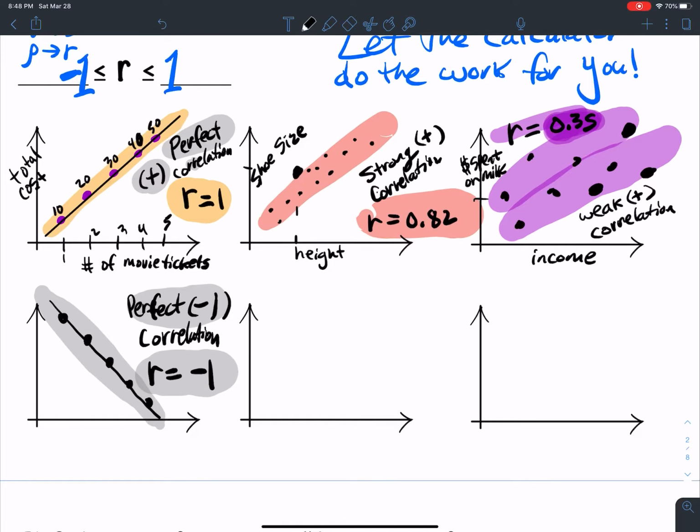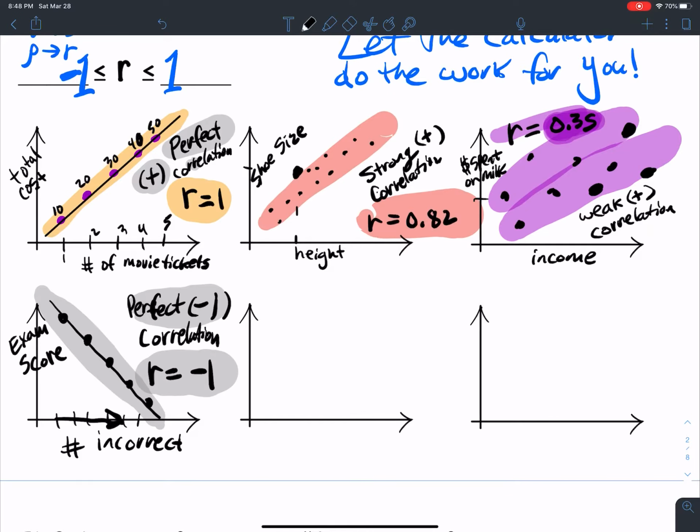An example of this would be like, maybe this is the number of incorrect answers on some multiple choice test, and this is your exam score. So as your number of incorrect problems goes up, your exam score goes down, right? Y'all know how that works.